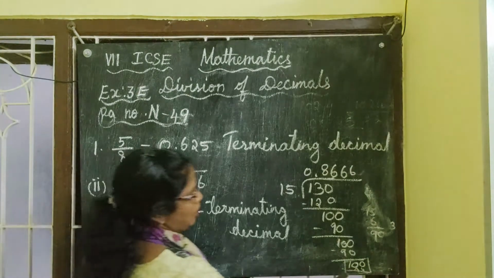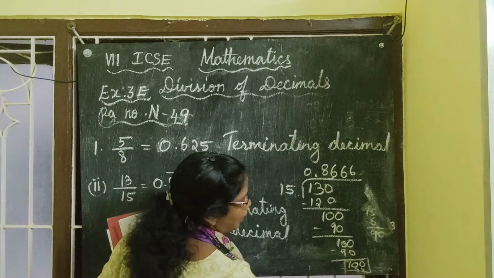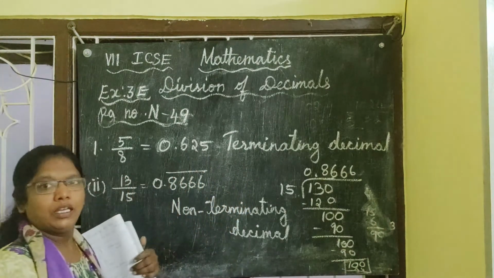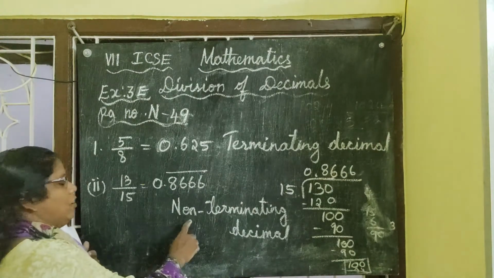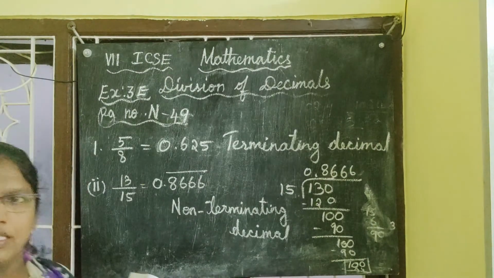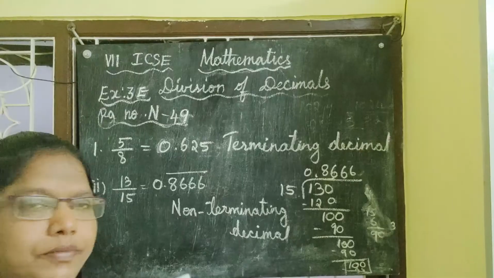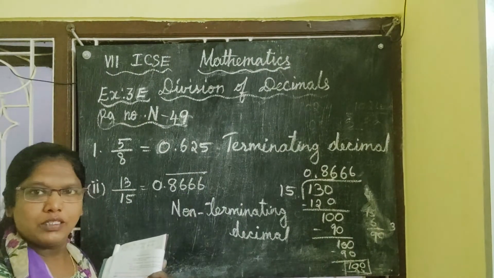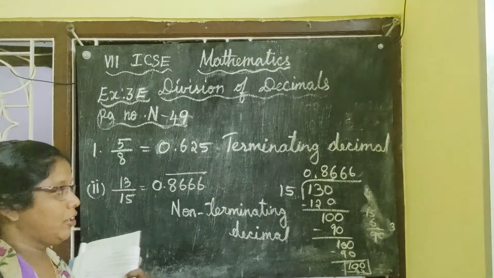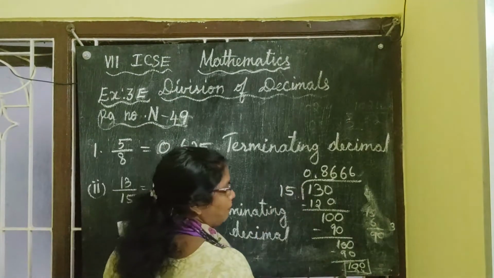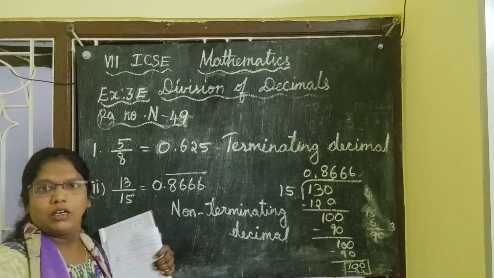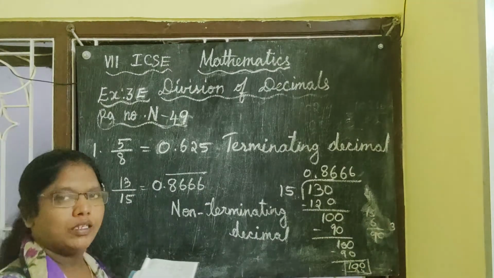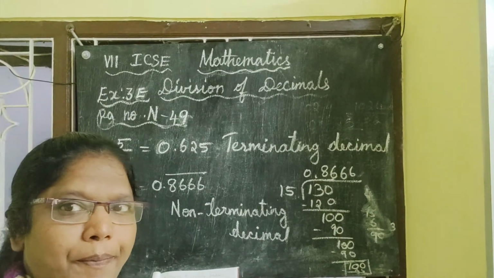Okay, here you see it's keeping on going, 10, 10, 10, 10, 10. So it is called non-terminating decimal. Here when we divide, the division got completed by getting 0 as remainder. But here the division is not completed. It's going on. So it is called non-terminating decimal.